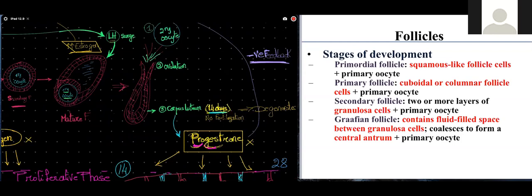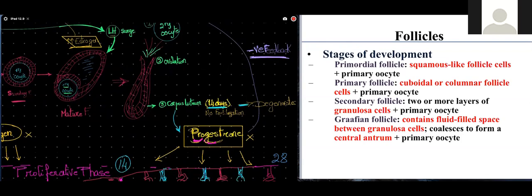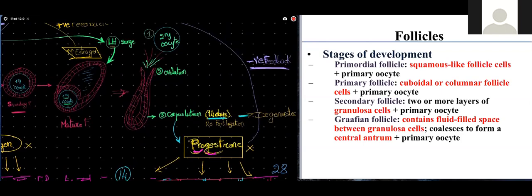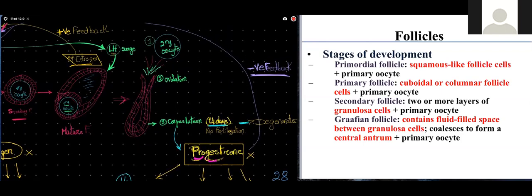If no fertilization takes place, the corpus luteum is going to remain in the ovary for 14 days, and then it will degenerate. Once it degenerates, you won't have any further progesterone.